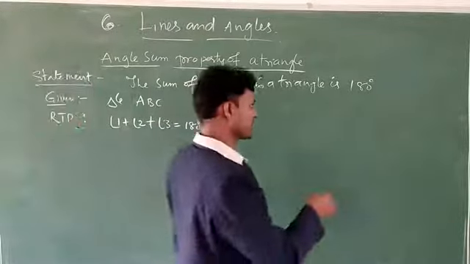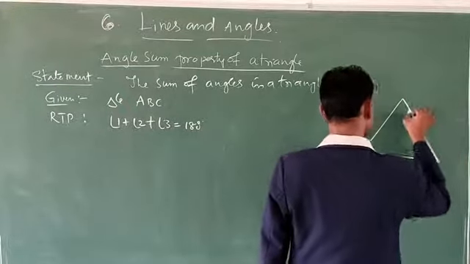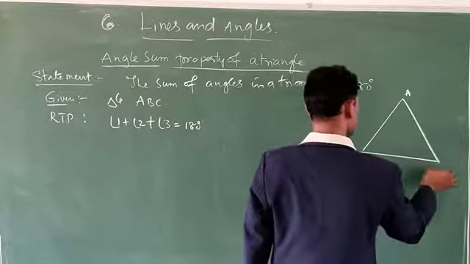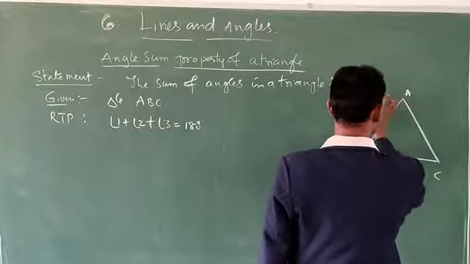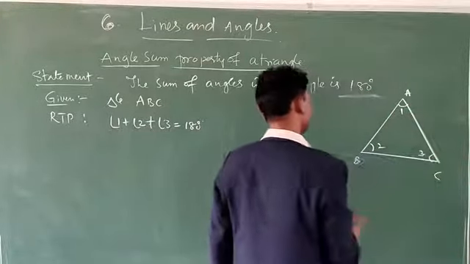First we have to draw the triangle ABC. This is angle 1, angle 2, angle 3.